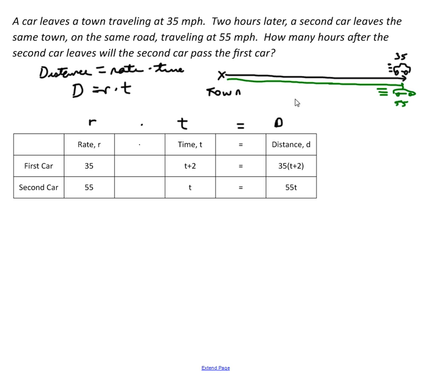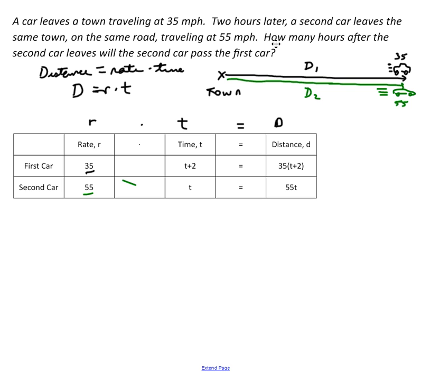So, what do we know? Well, distance one, in this case the distance from the first driver, will be exactly the same as the distance from driver number two. So let's look at our first car. Let's look at our second car. First car is traveling at 35 miles per hour. The second car, of course, traveling at 55 miles per hour down here. Okay.